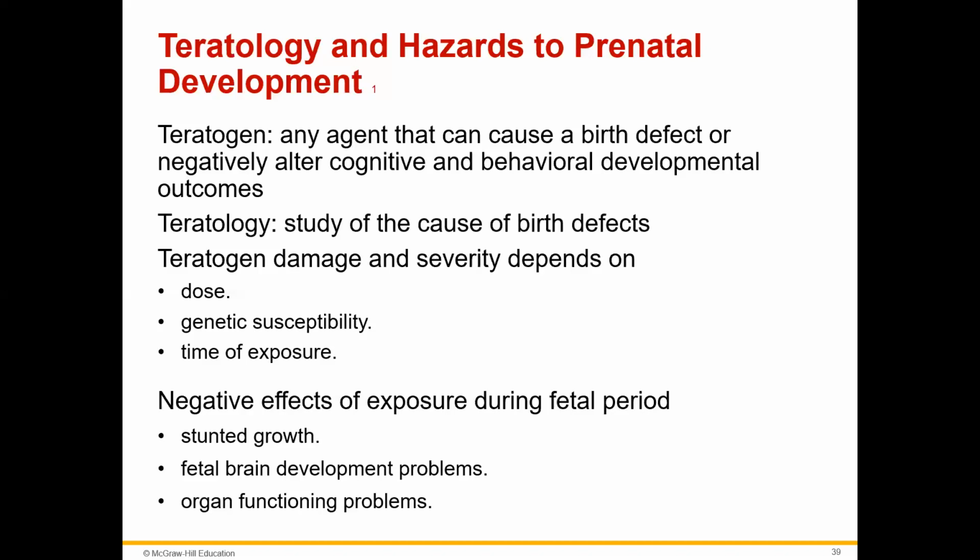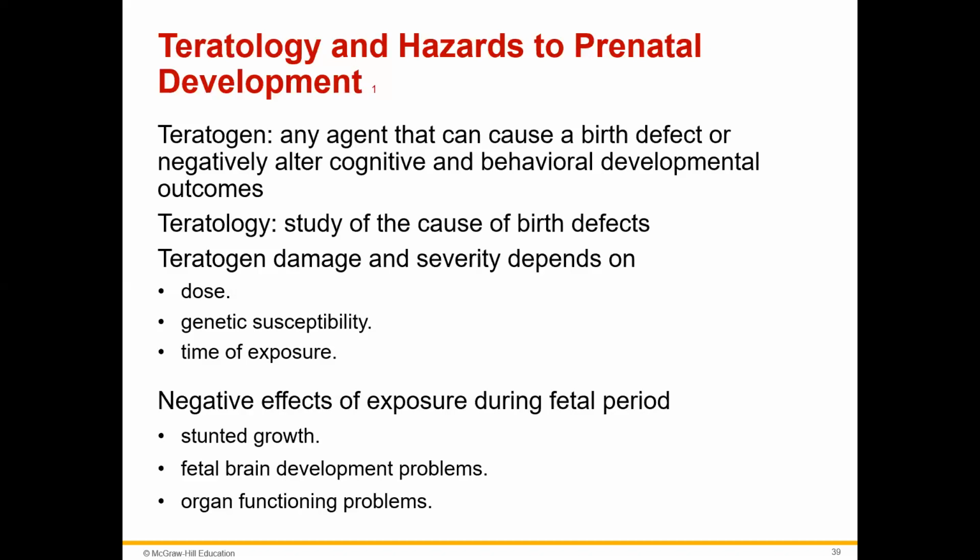And the time of exposure refers to the time during the pregnancy. As I mentioned earlier, developing organisms are most at risk during the embryonic period, so in that 2 to 8 week period following conception. This is what they mean by time of exposure.